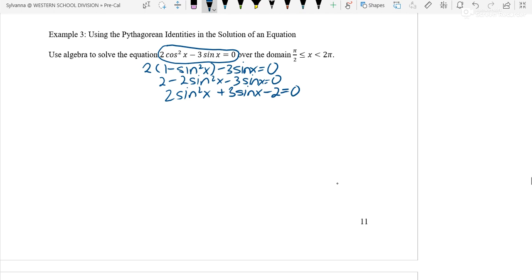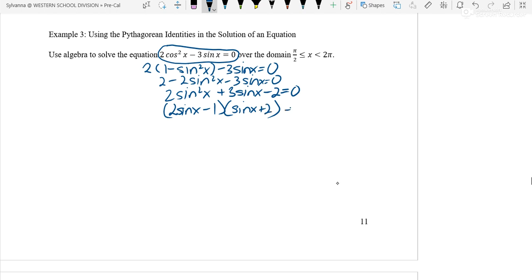Okay, so now you want to factor it. And whenever you have a number at the front, you're going to use what I call the square box method. You don't have to use that method if you don't want to. But once I find out what the factor is for this, it looks like 2 sine x minus 1, and then sine x plus 2.